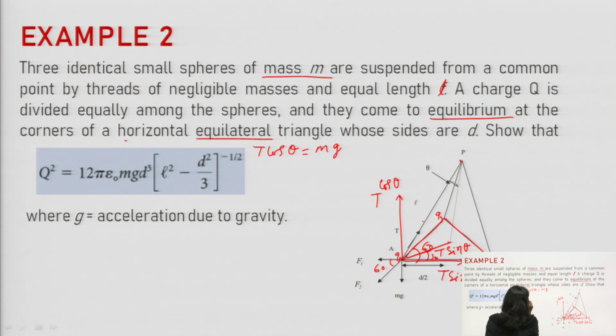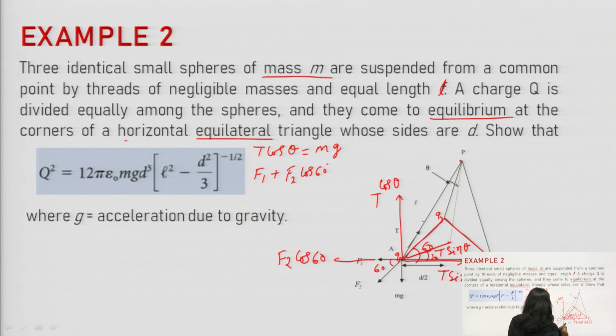Second is F1 plus F2; the component of F2 along this side will be F2 cos 60 degrees, so we will write F2 cos 60 degrees also.